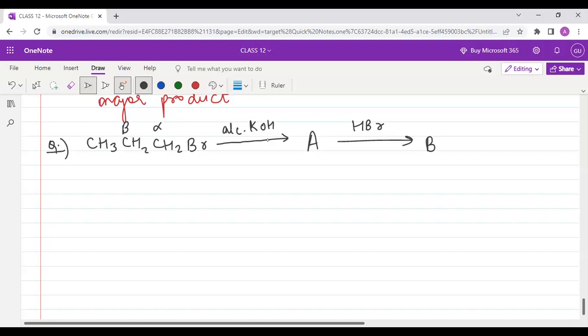Have you done? I just got the first one. And what about the second one? I'm doing it. Once you are done, then.